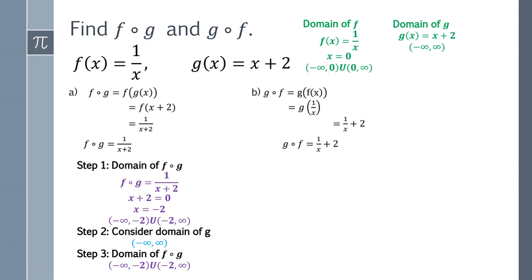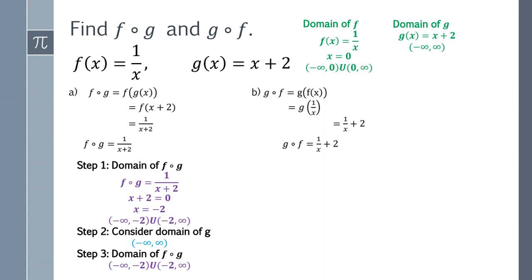Since these two don't have anything in common, the domain of f composed of g is from negative infinity to negative 2 and from negative 2 to infinity. Since these two didn't have anything in common, it has to be the one with the most restrictions. This is my answer for the domain of f composed of g.